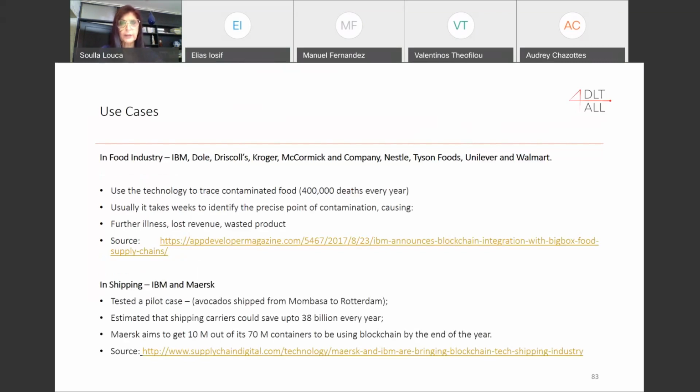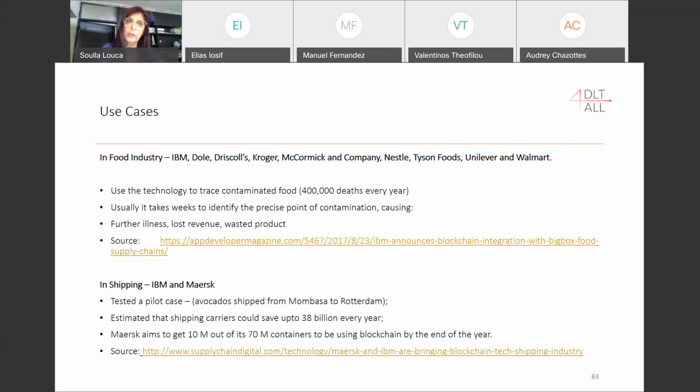The first one that we see is in the food industry. It's a use case by IBM, Dole, Driscoll's, Kroger, McCormick, Nestle, Tyson Foods, Unilever, and Walmart.